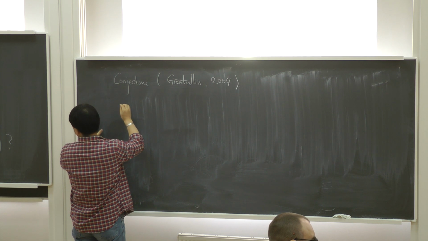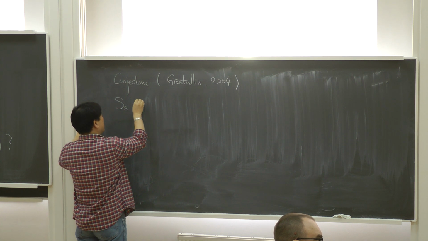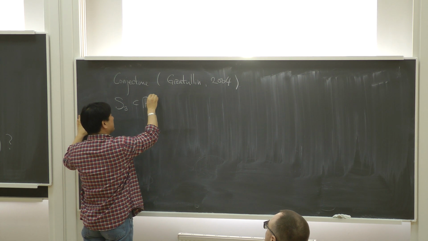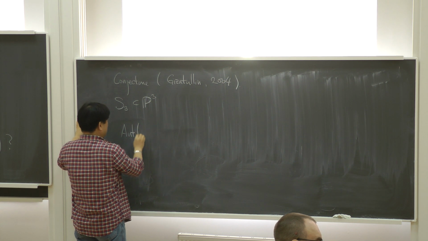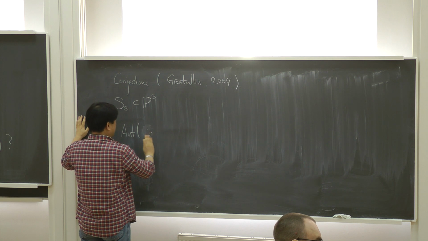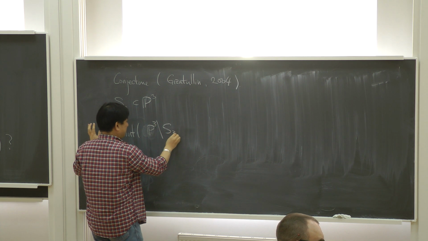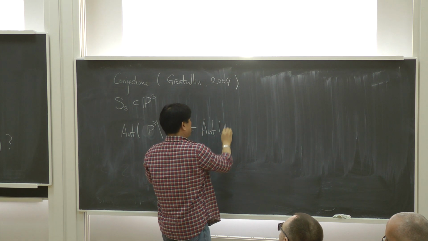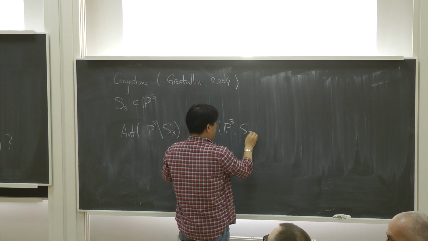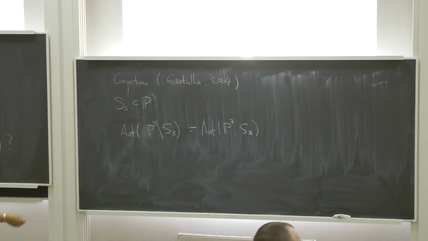He conjectured the following. He considered a cubic surface in P3, and he conjectured that the automorphism group of the complement of this cubic surface is exactly the automorphisms of P3 which fix this hypersurface.